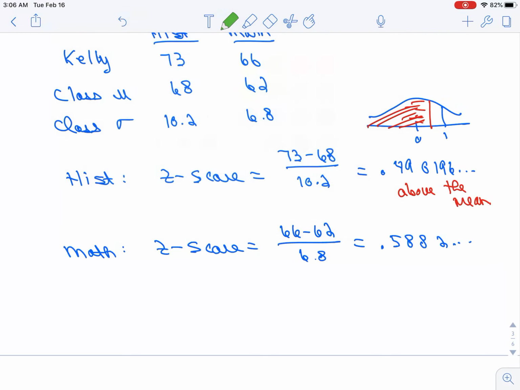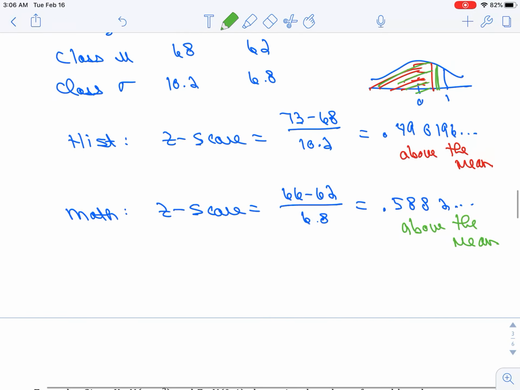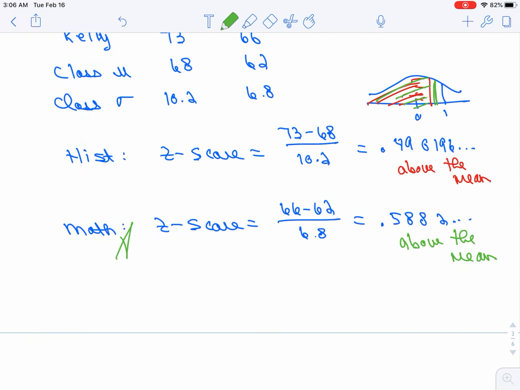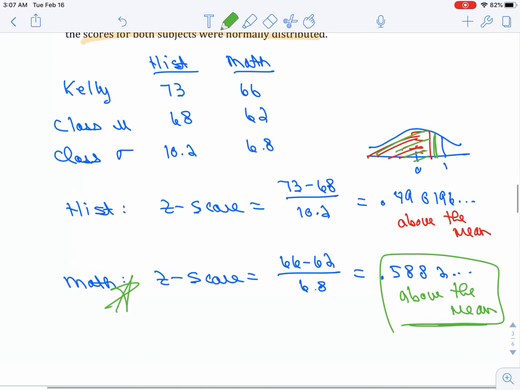Let's do this in a different color. So 0.58, something like this, a little bit above. She scored 0.5882 above the mean. And then hopefully you can see from that that the subject that she did the best in was math, because she scored more above the mean in a relative sense than she did in history.